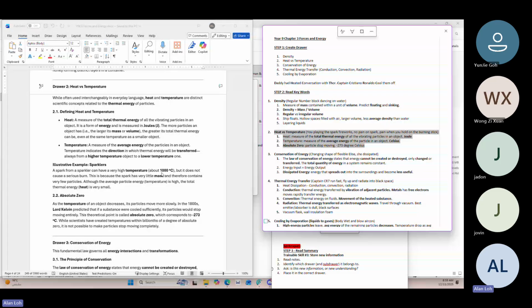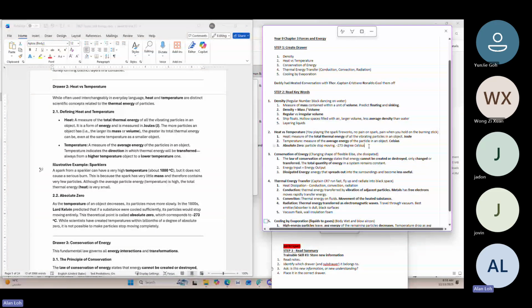Any new information? I'll give you one example. You have sparks from a sparkler that have a very high temperature, about 1000 degrees, but it doesn't burn. It's not mentioned over here. So there's one new information.